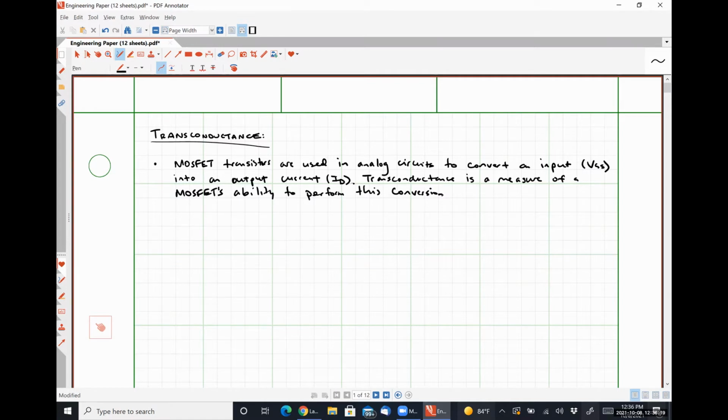Mathematically, transconductance is given by the symbol GM, and it is simply the derivative of the drain current with respect to that input gate source voltage while holding the quantity VDS constant.